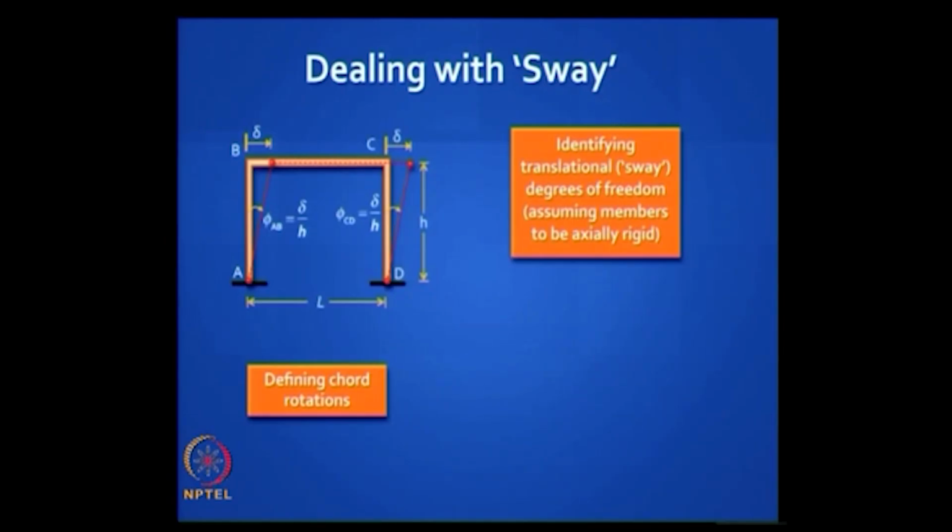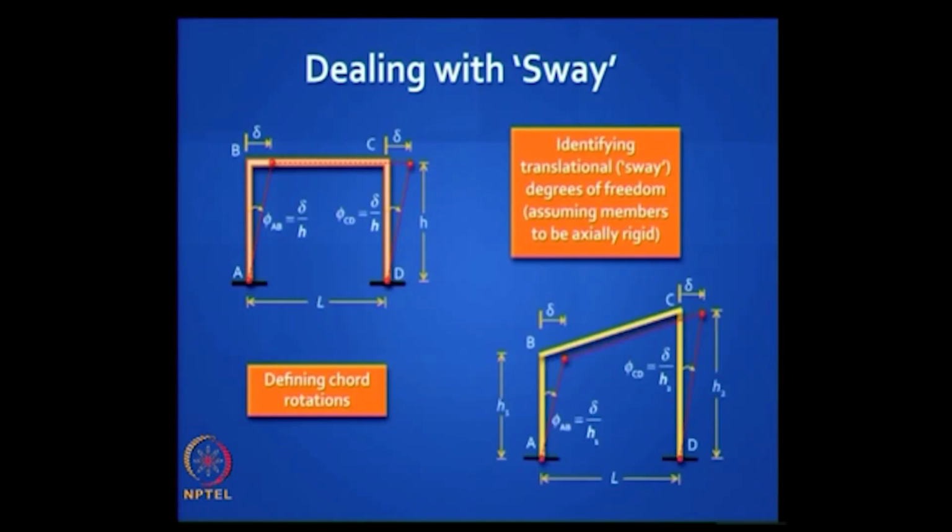And then you work out your chord rotations. If delta is to the right positive, then the chord rotation phi AB is delta by h and CD is also delta by h. What happens if your roof is tilted? Okay, it is called a bent portal frame. Then also you have 3 members, 4 potential degrees of freedom, 4 minus 3 is 1. Then also you have only one unknown, delta.